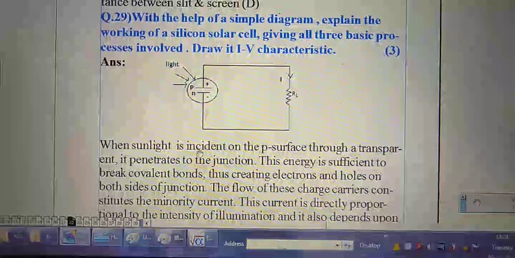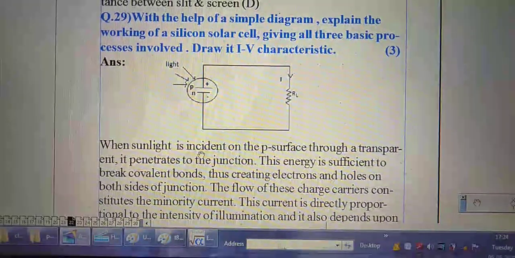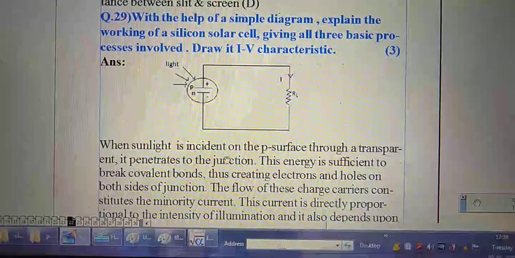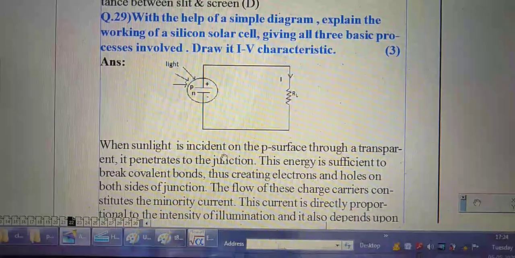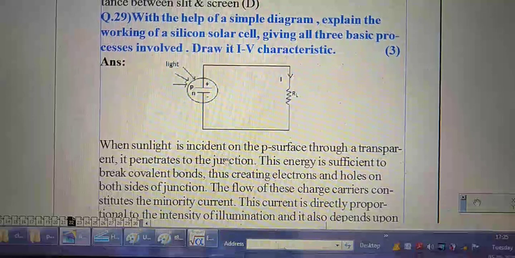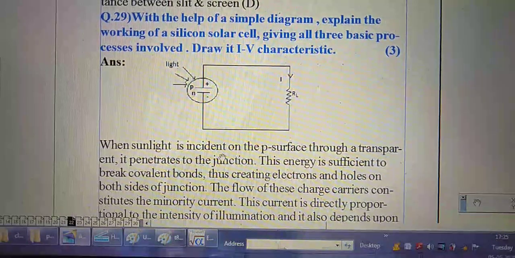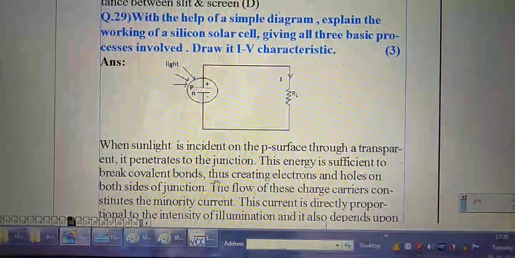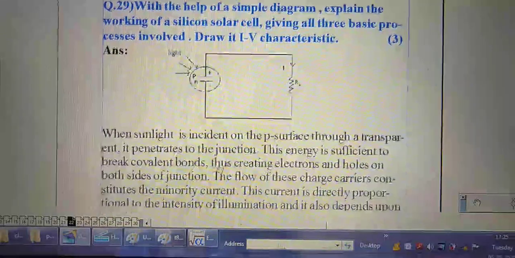When sunlight is incident on the P surface with sufficient energy to enter the junction, this energy will break the covalent bonds, due to which electrons and holes are created on both sides of the junction.